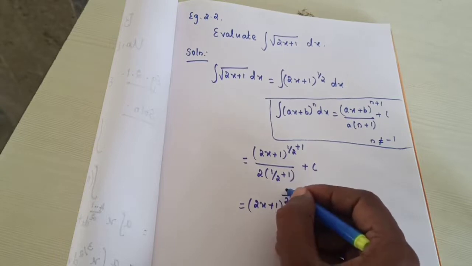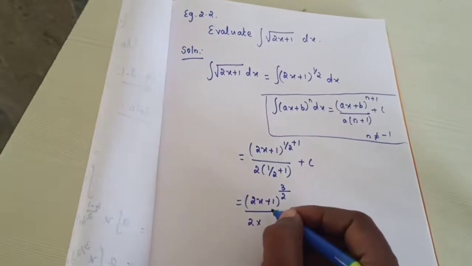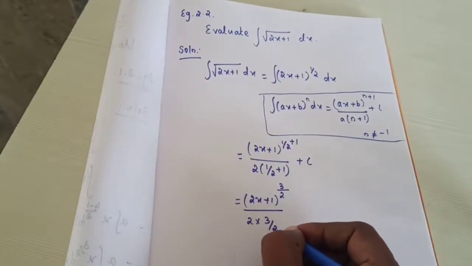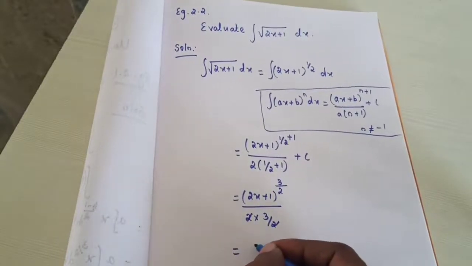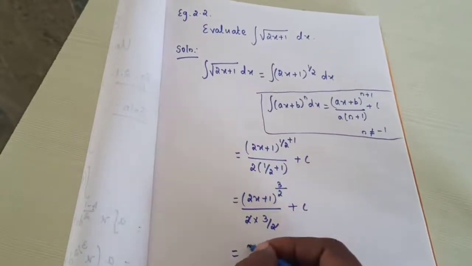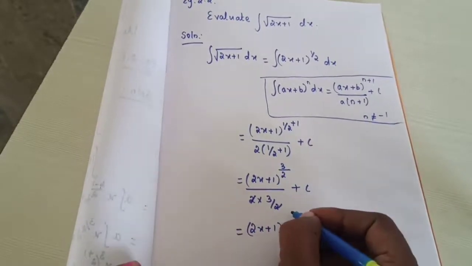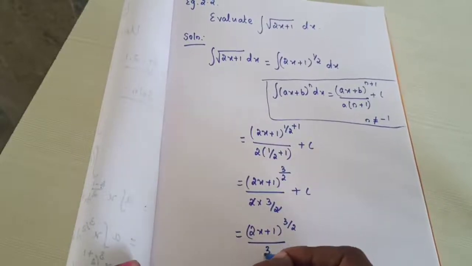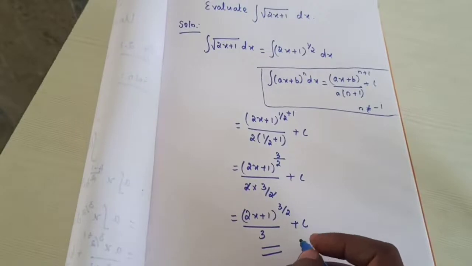So you will get 1 plus 2 is 3, divided by 2 into how much will you get? 1 by 2 plus 1, so you will get 3 by 2. Yes. So this and this will get cancelled. So what's the answer? You will get 2 plus c. Don't forget to put plus c. 2x plus 1 the whole power 3 by 2, that is 3 by 2 divided by 3, plus c. Okay. So this is the answer.